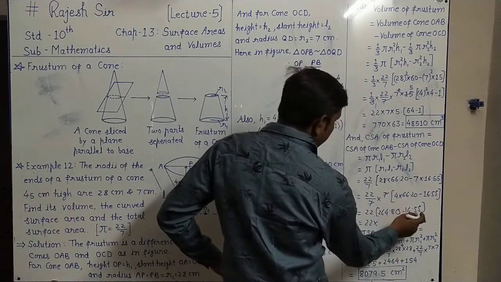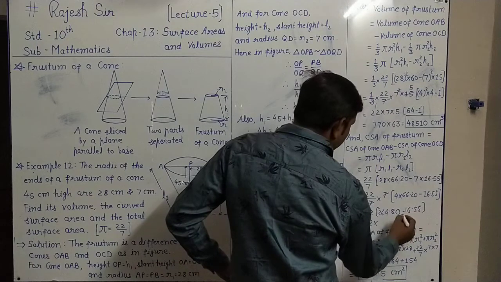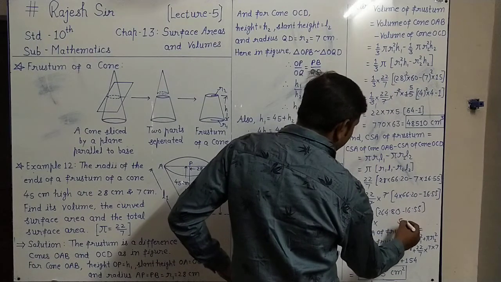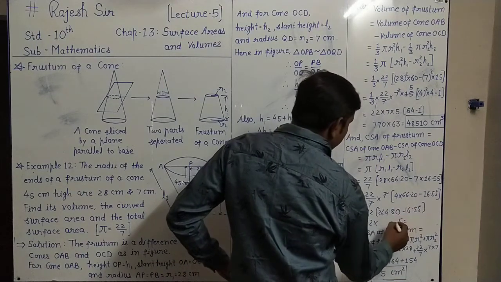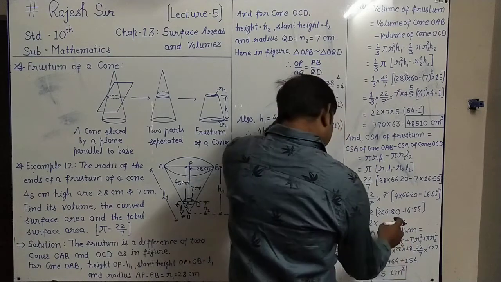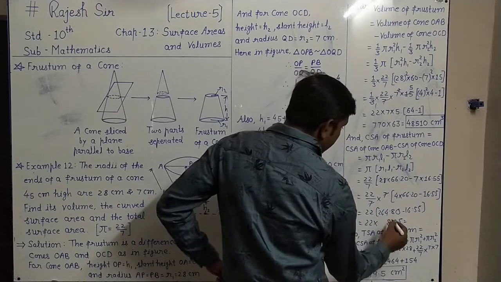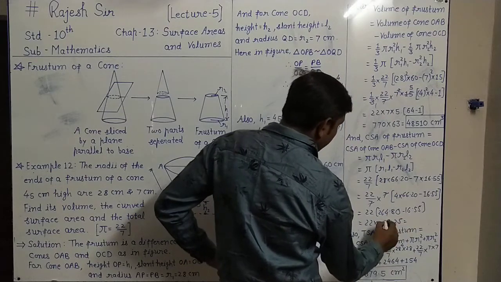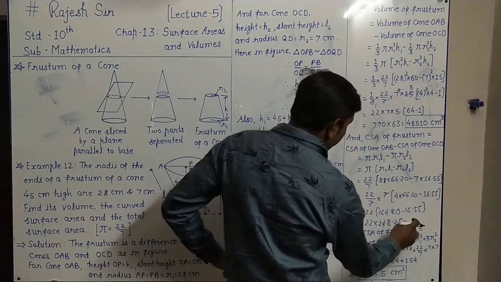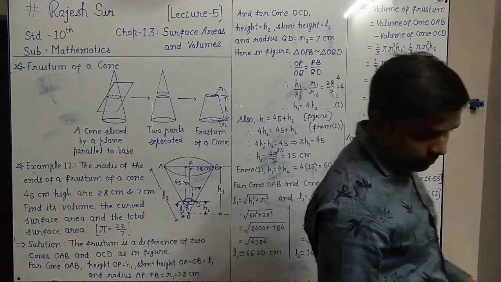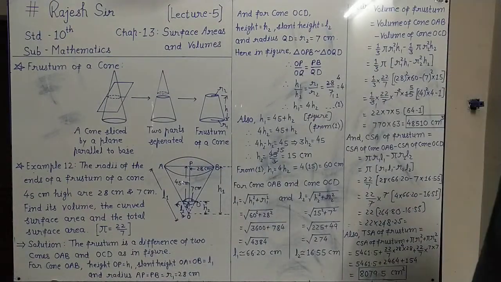Difference between these two is 10 minus 5 is 5. 7 minus 5 is 2. 14 minus 6 is 8. And 5 minus 1 is 4. So 248.25 into 22 we have, right?